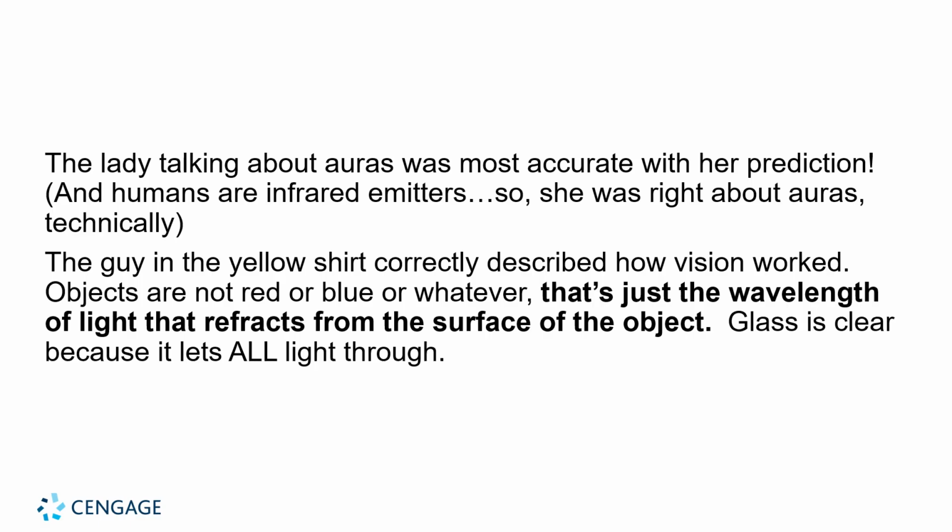That's your infrared emission. So if we look at you through a thermal imaging camera, which detects infrared radiation and then shifts it up into the visible light spectrum for display, then we can see your heat signature. Yes, your aura, technically. Okay?